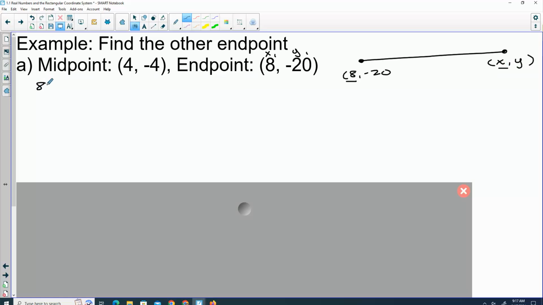So 8 plus x divided by 2, and it should equal the x value of the midpoint, which was 4. So we can add up those two x's, divided by 2, and it should equal 4. We multiply our 2 over, subtract the 8, we get our x is 0.